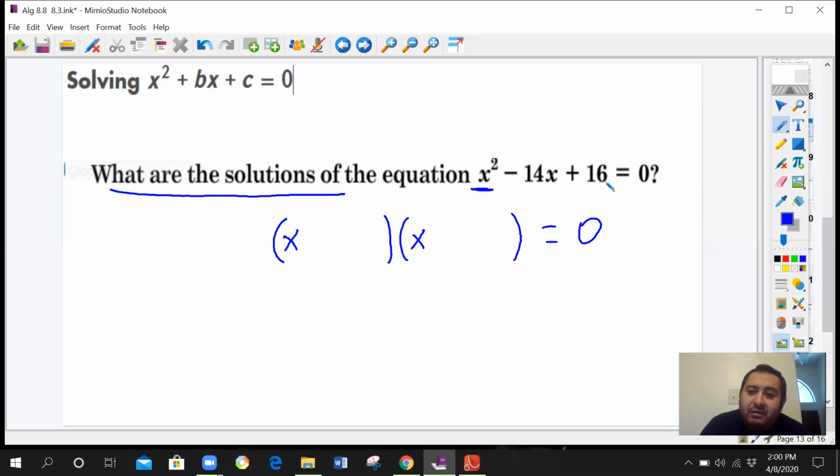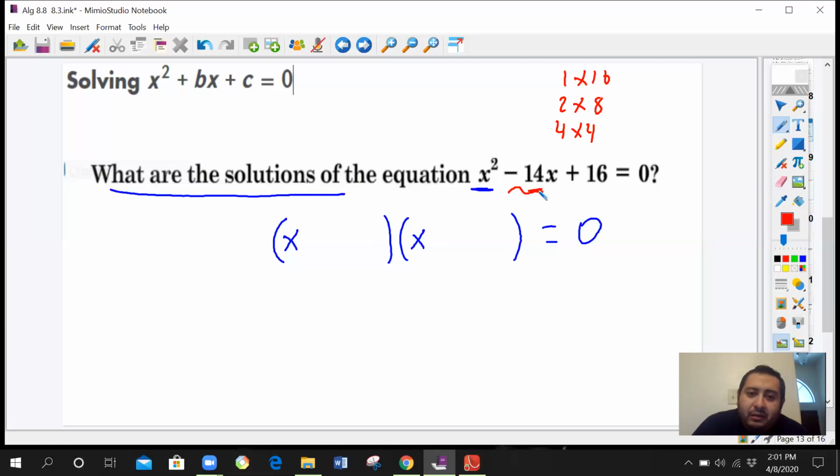Any numbers that multiply to give you 16: you have 1 times 16, 2 times 8, 4 times 4. Let's see, what else? I think that's it, no? Well, when you try to combine these numbers, you're not going to get near the 14. You're not going to get 14 when you combine those two numbers.